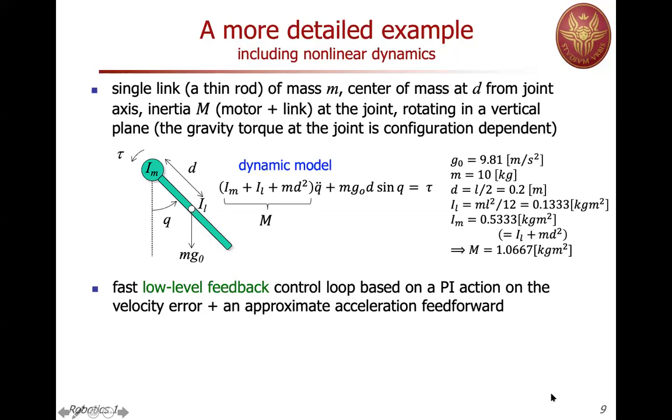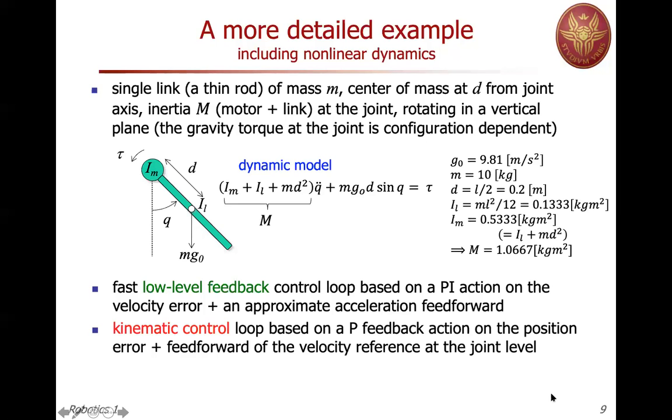So I'm reacting to a velocity error, generating an acceleration in reaction to the velocity and position error. If this error is completely zero, then I need to send an acceleration feed forward. And this acceleration feed forward will be based on an approximation of this dynamic model. It's nothing that we have to care about, but I would suggest, once we have done Robotics 2 and control using dynamics, you can return to this example and understand all the subtleties of these choices.